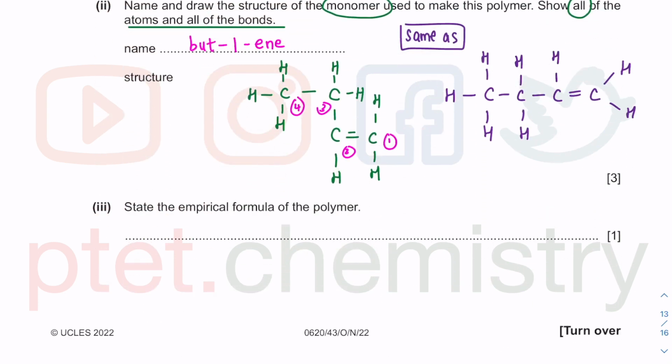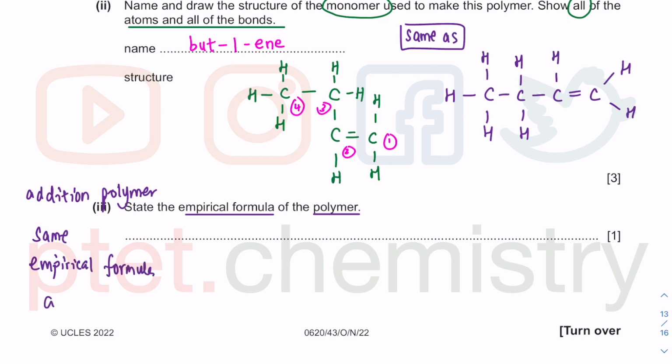Now state the empirical formula of the polymer. Because it's an addition polymer, one of the characteristics of an addition polymer is that it has the same empirical formula as the monomer. And the reason is because you are not losing any product, you are just adding them together.